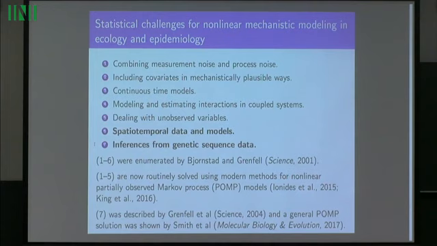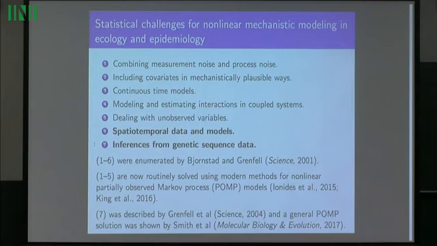You may also have to deal with spatiotemporal data, and more recently you may have to deal with genetic sequence data. Now the points numbered 1 through 6 were enumerated by Otto Bjornstad and Brian Grenfell in a kind of influential science paper, raising a challenge.